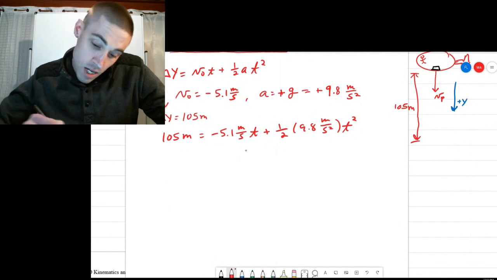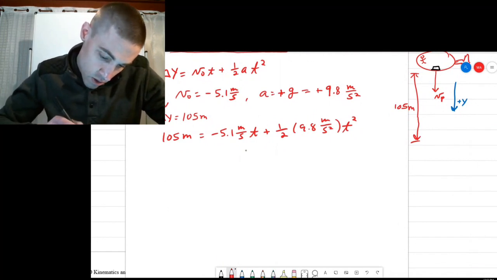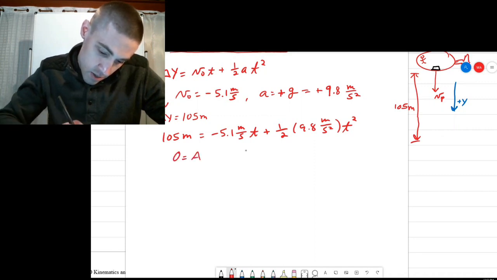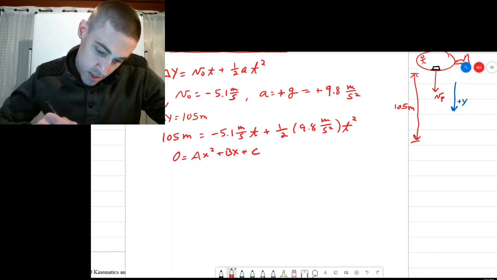All right, let's get this in a more familiar form then. I prefer to get things in y equals ax squared plus bx plus c terms. So let's get this equation in the proper form.